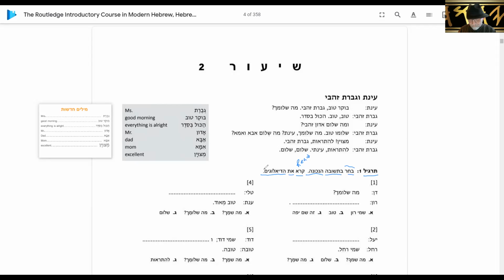There we go. Okay, so it's the dialogue. Hadialogim. Oh, it's a transliteration of dialogue. Read the dialogue.